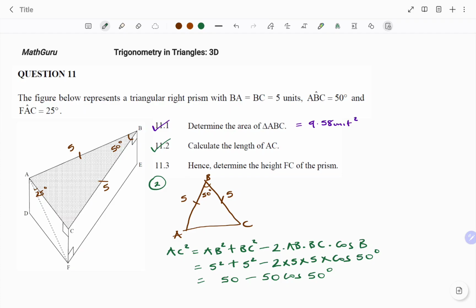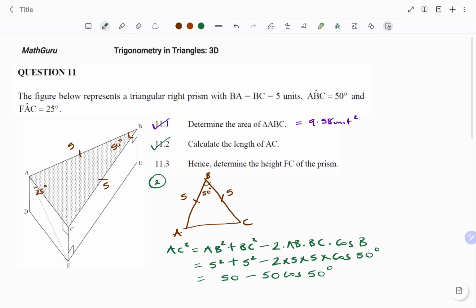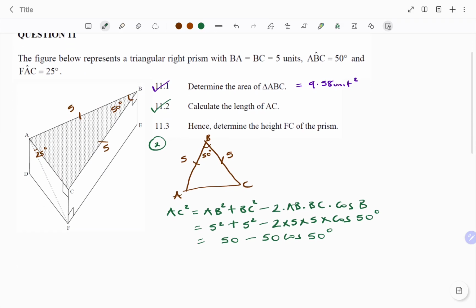So if I punch that in, I'm going to have AC squared equals 17.86 to 2 decimal places. And in order to find AC, I'm going to find the square root of both sides. Therefore, the distance AC equals 4.23 units to 2 decimal places.